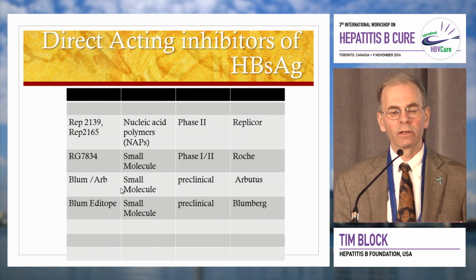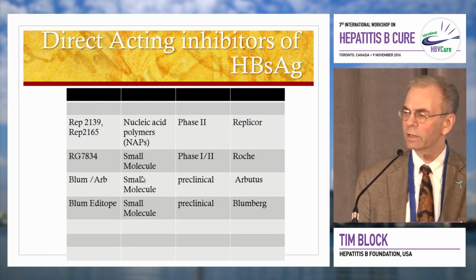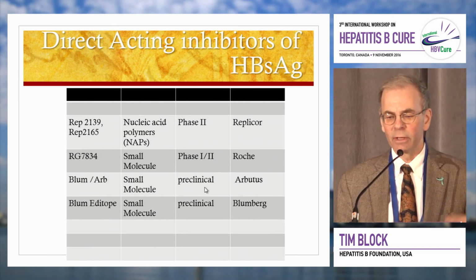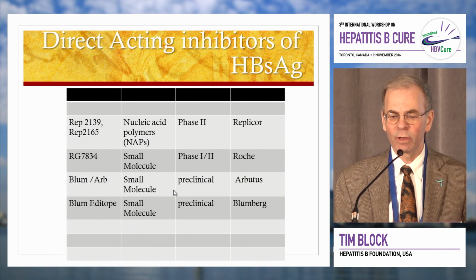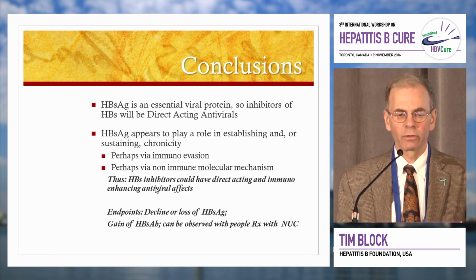I summarize here the 4 leading examples of S antigen inhibitors, and that will be on the Hepatitis B Foundation website. You can check that out, or in some of the review articles.